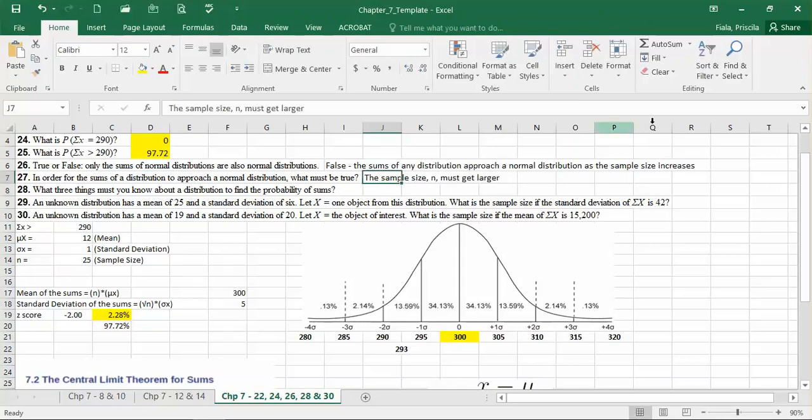The larger it gets, the more it's going to represent our normal distribution. That's what the central limit theorem stands for. You were not asked that one.